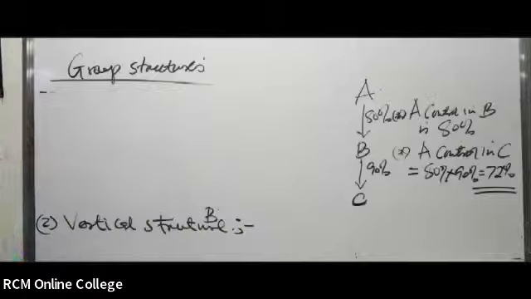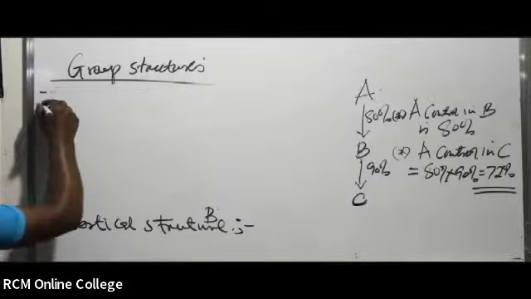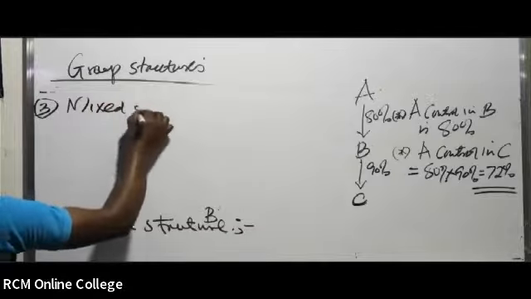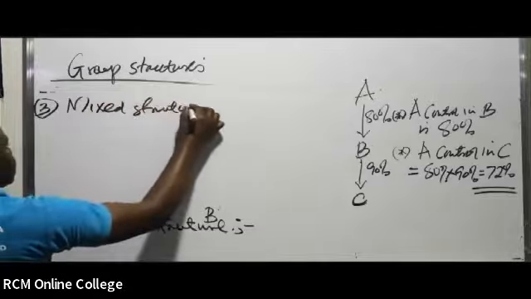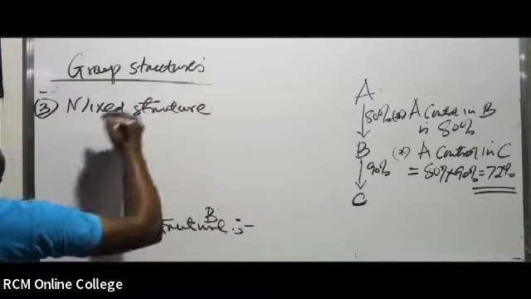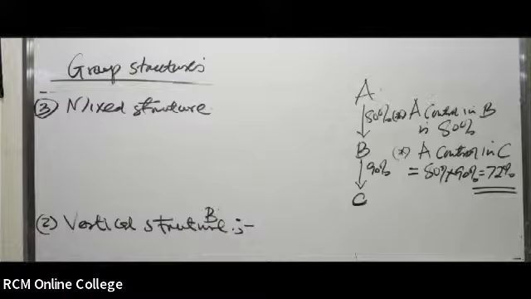Then the number 3 structure is what we call a mixed structure. A mixed structure is just mixed; it's just jumbled up. This is about a mixed structure.